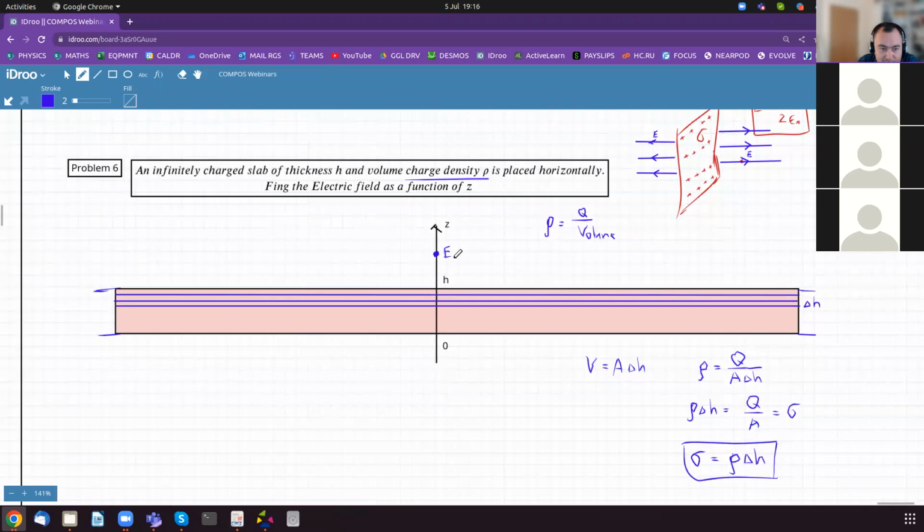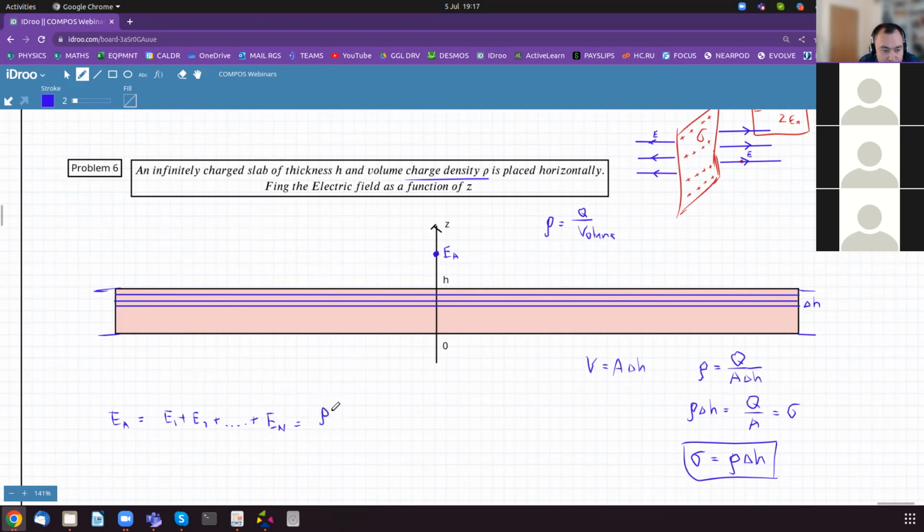Let's call it EA at this point. EA is going to be E1 plus E2 plus etc. plus En, let's say we have n slabs. So E1 is going to be sigma divided by, well, it's not sigma, it's rho delta H.